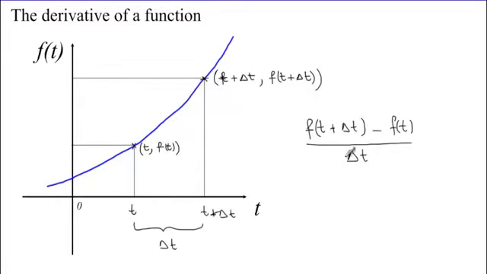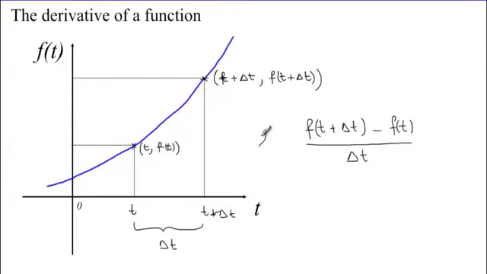I think you remember in some cases we use h, but it's actually the same thing. We are talking about the change in the independent variable. So what we've got here is a ratio between the increase in the value of the function over the increase in the independent variable.